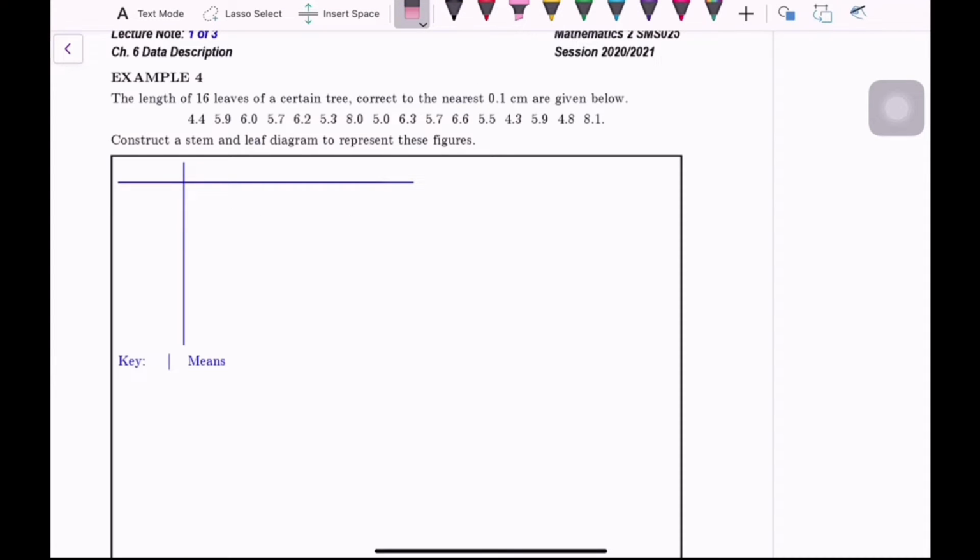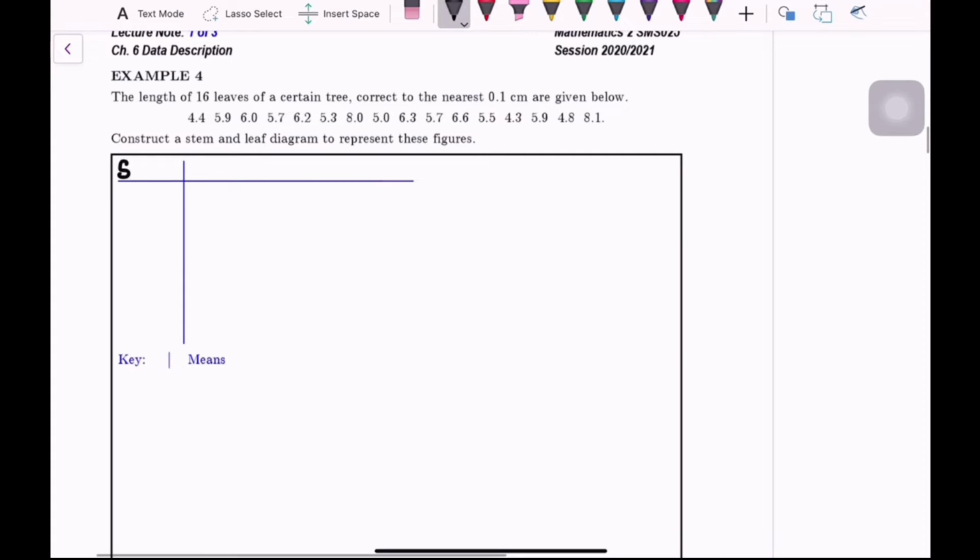Example 4. The length of 16 leaves of a certain tree correct to the nearest 0.1 cm are given below. Construct a stem and leaf diagram to represent these figures. First, we write stem, and right side we write as a leaf.